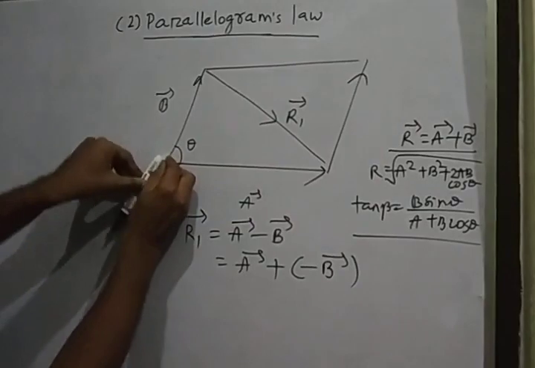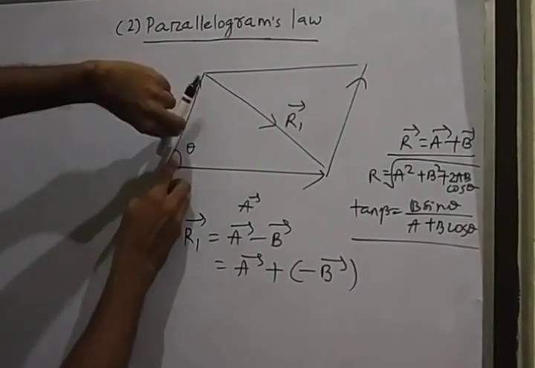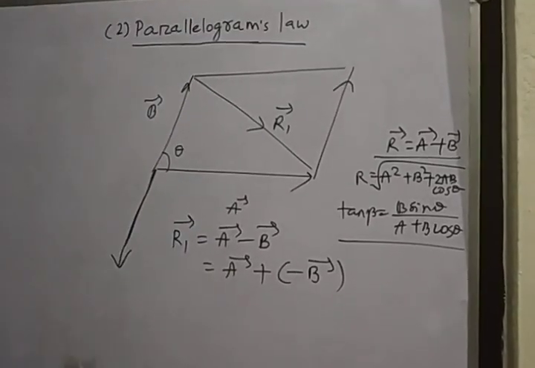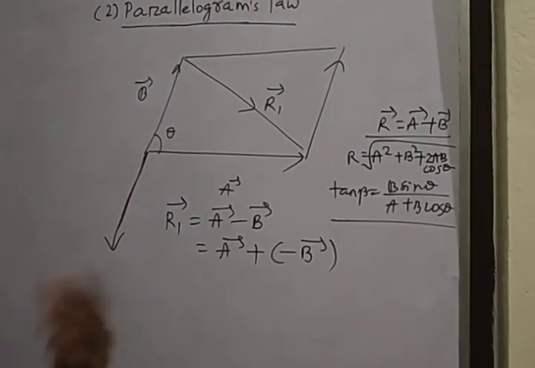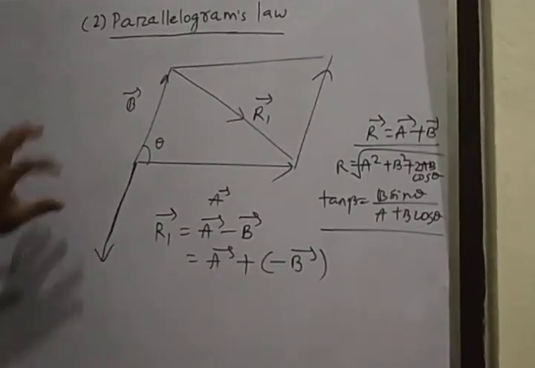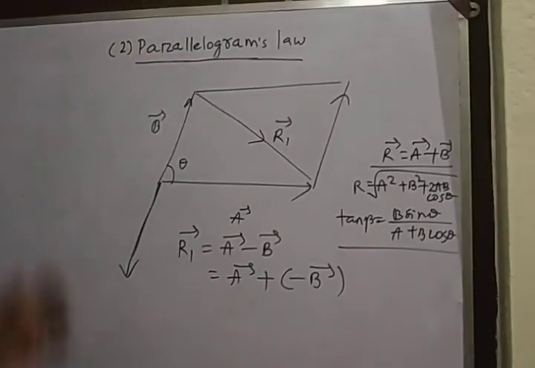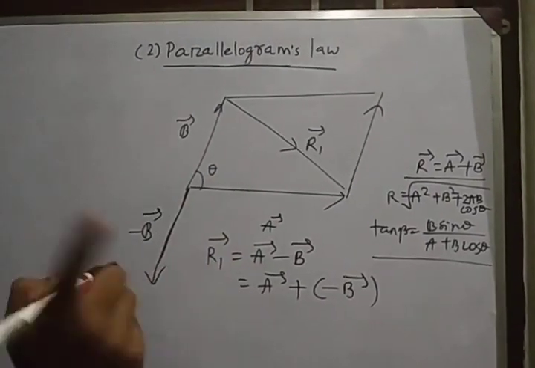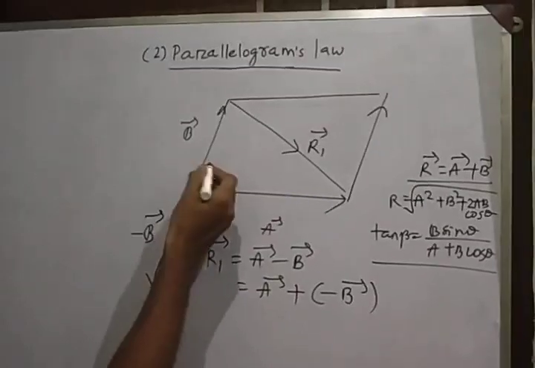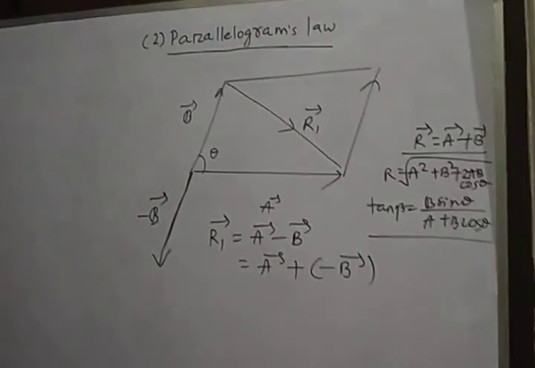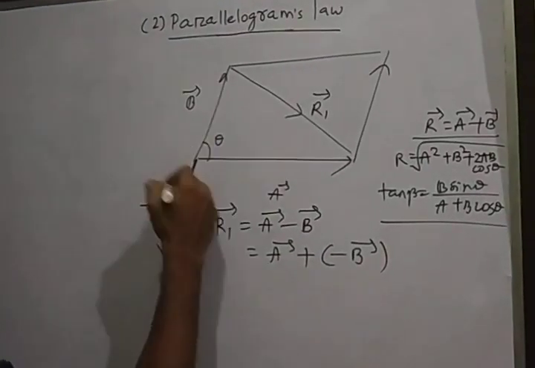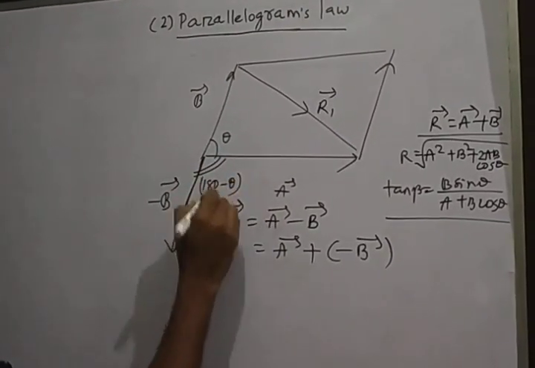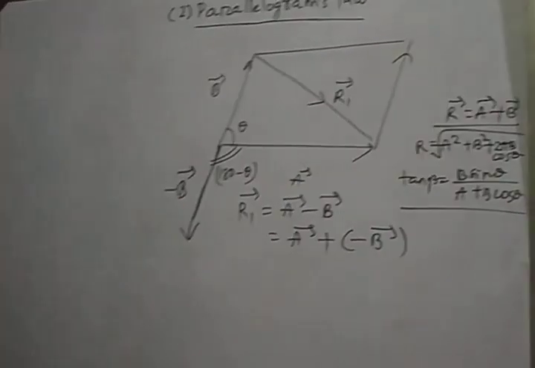If I rotate it by 180 degrees, it will be a negative vector, because from the definition of negative vectors, if you watch my previous videos on types of vectors, you can easily see that this will be minus B vector, because the angle between two negative vectors is 180 degrees. There is a rotation of 180 degrees, but their magnitudes are the same and directions are opposite. So this will be 180 degrees. Similarly, I can write this angle as 180 minus theta. So now this will be my minus B vector.